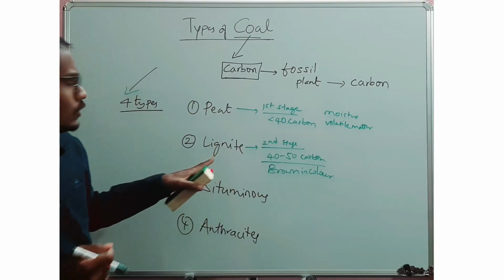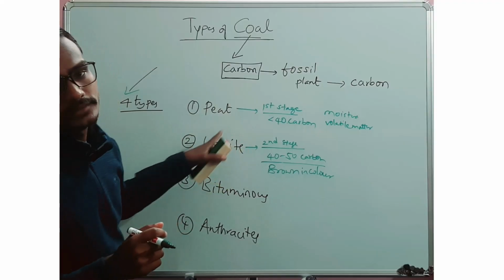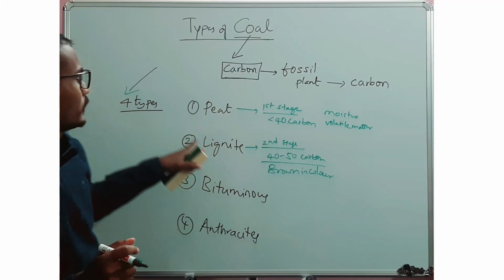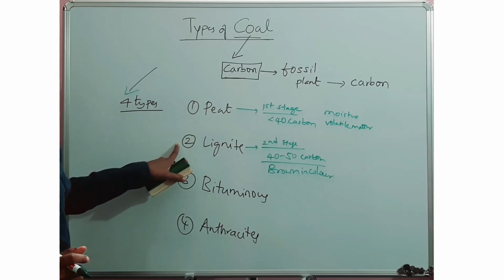One specialty here is that in India we most often get this type of coal, because these two are very low grade coals that we use in thermal power plants.